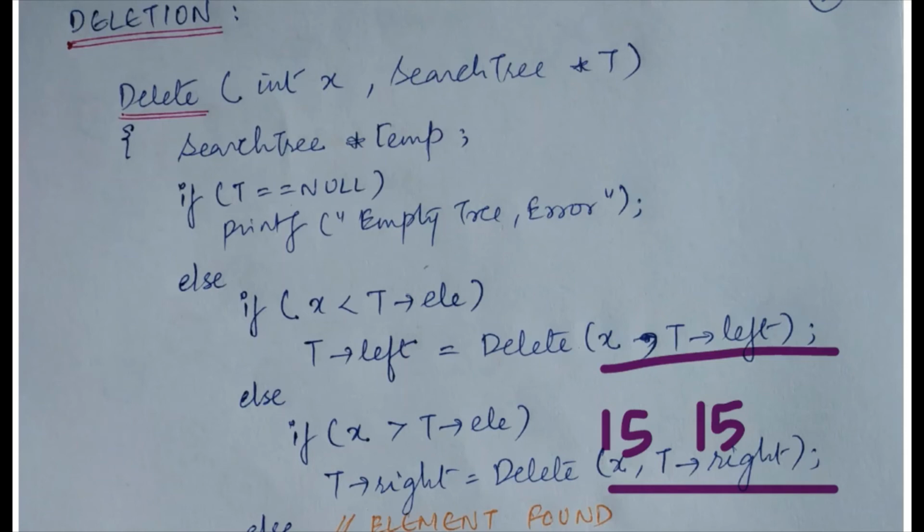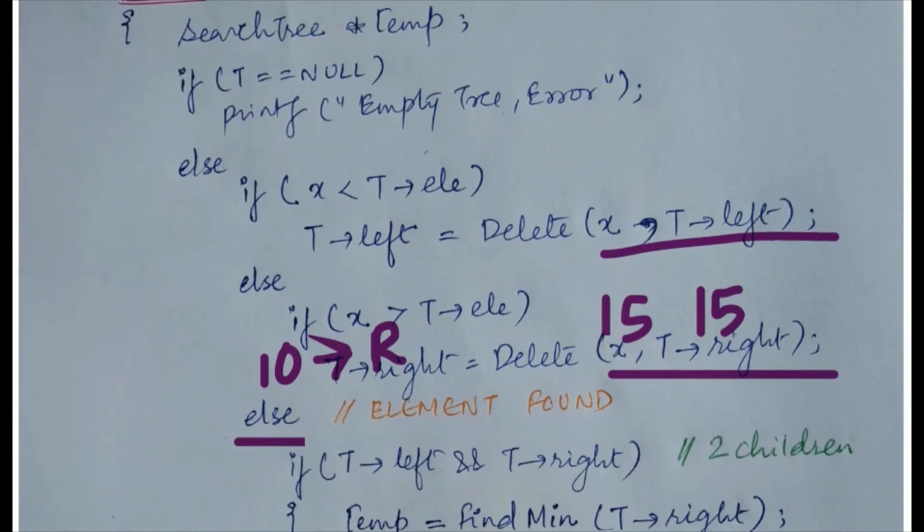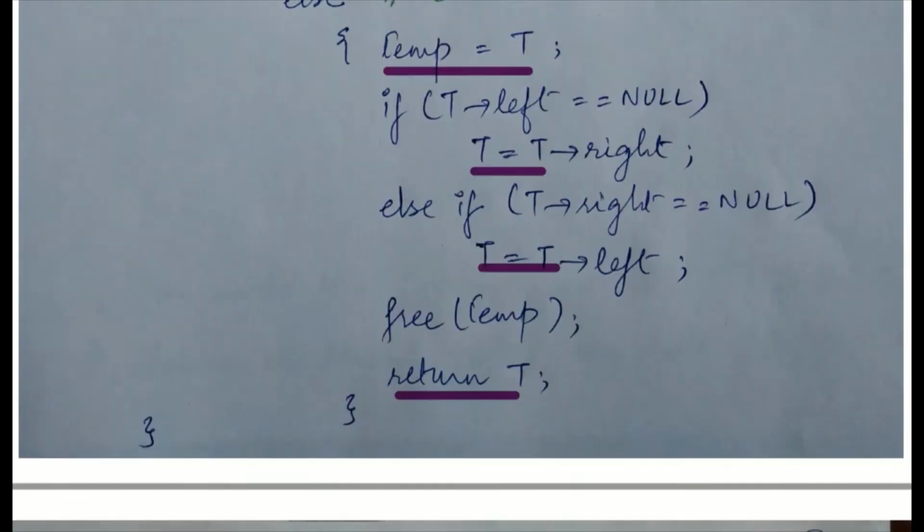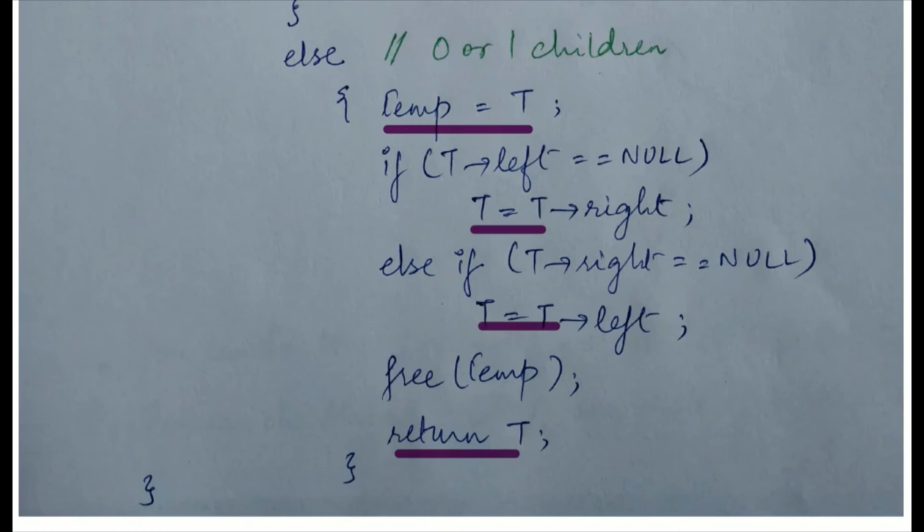What is 10 to right? Which is 15. So we are calling delete 15 on 15. And in the next recursive call, because 15 is not less than 15, 15 is not greater than 15, 15 is equal to 15, and 15 has only one child, you copy the address of 15 in temp, and then 15 is set to null, and we are returning that null here.